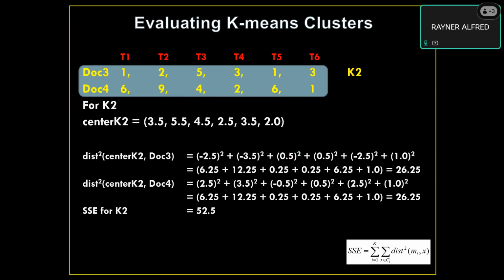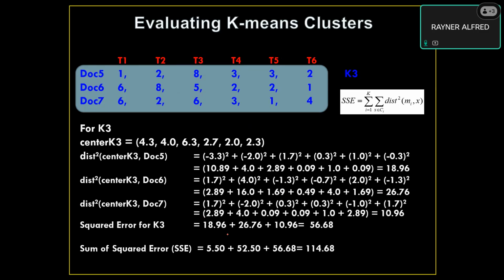For cluster 2, we repeat the same. We use the centroid. We compute the distance between document 3 and the centroid and document 4 and the centroid, and we add up these values together, we get 52.5. And lastly, we do it for cluster 3, taking this as the center.